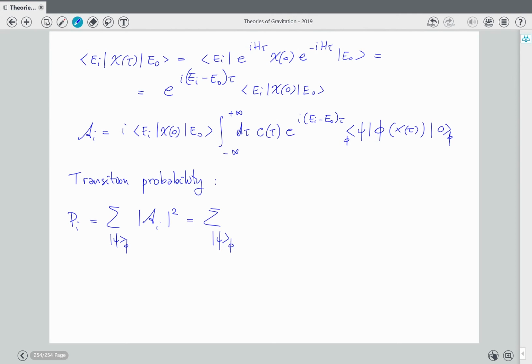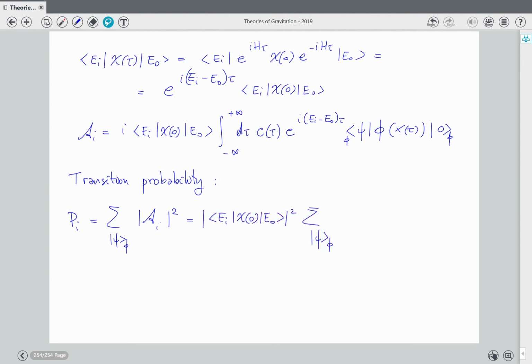Okay, so the modulus of that, well, first i has modulus 1, and then we will have a constant, which is the modulus squared of <E_I|chi(0)|E_0>, which, by the way, we can take outside the sum because it doesn't depend on psi.